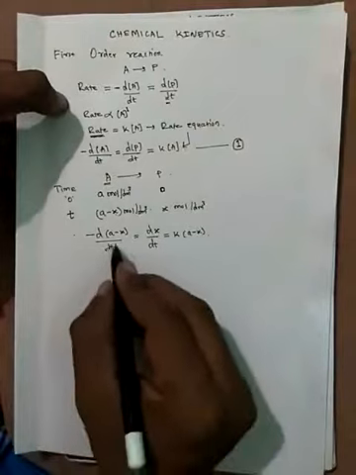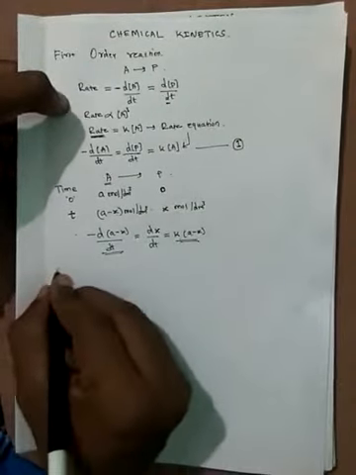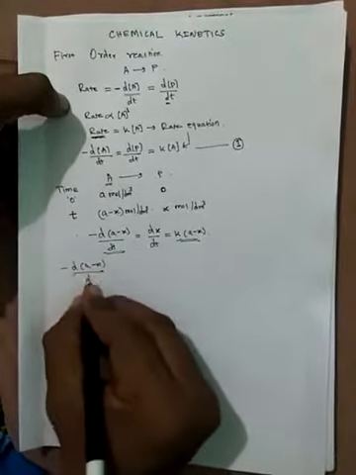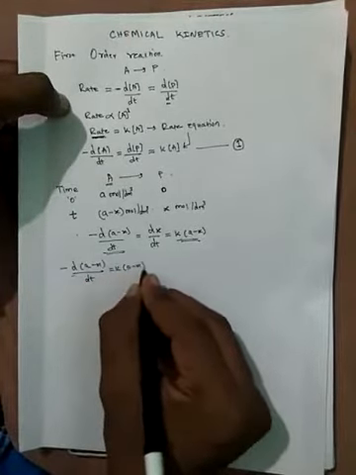I'll take these two terms: minus d(A minus X) by dt equals K times (A minus X).